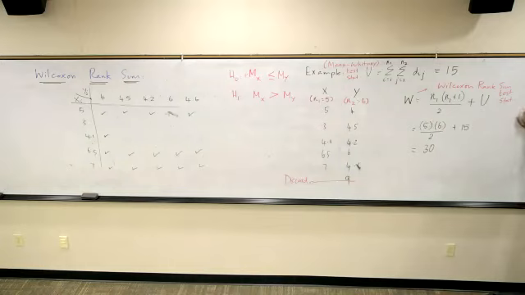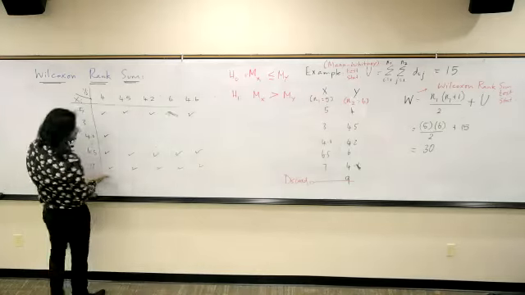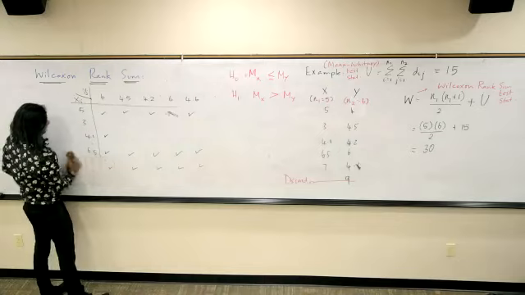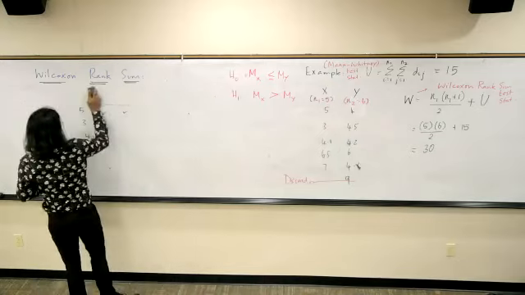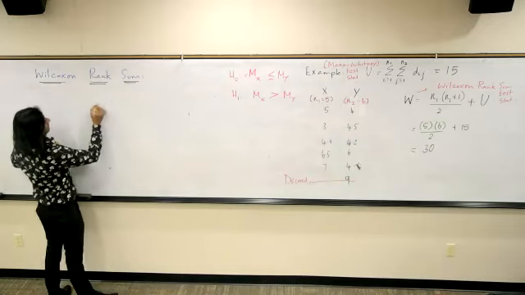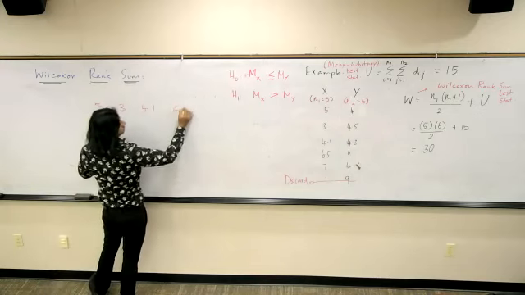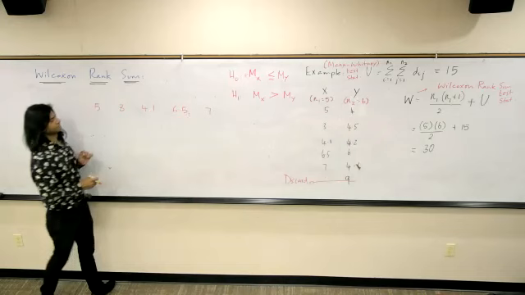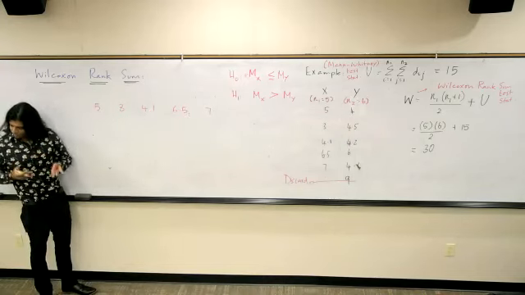Now, when you rank stuff and you have ties, I'm not sure if you remember, I guess we can erase this now. This is the sample X. And I want to assign ranks.